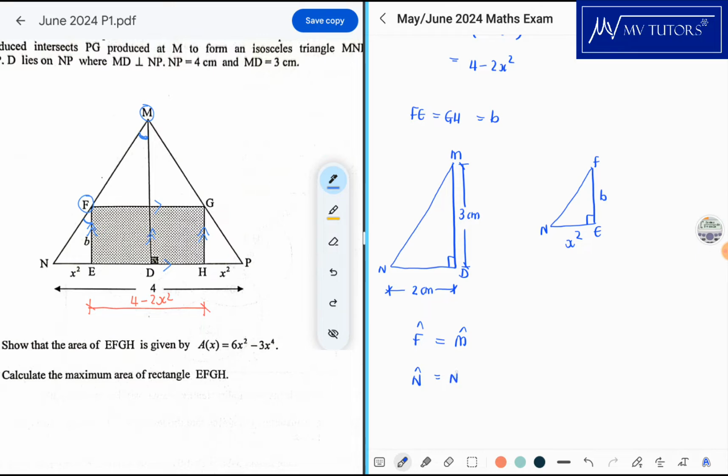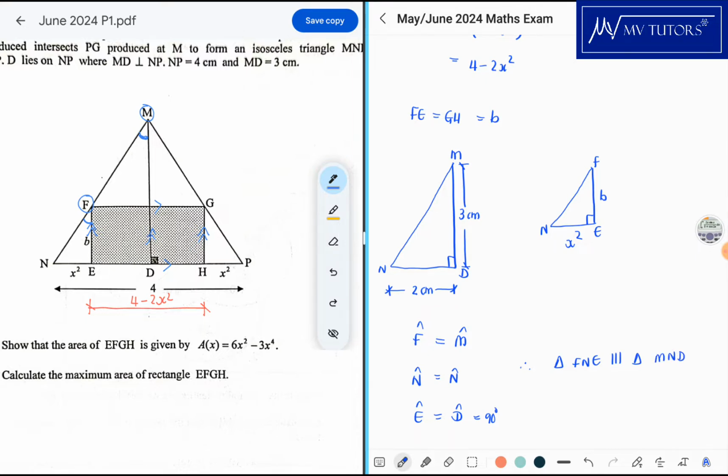Yes, those are the common angles. Then E is equal to D, which is equal to 90 degrees. So we can conclude that triangle FNE is similar to triangle MND.